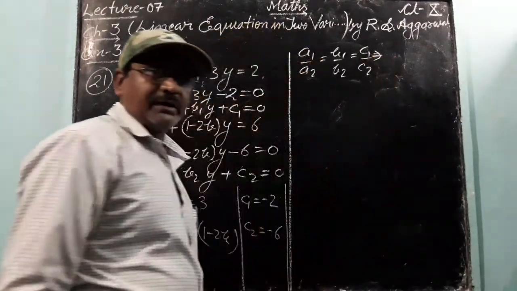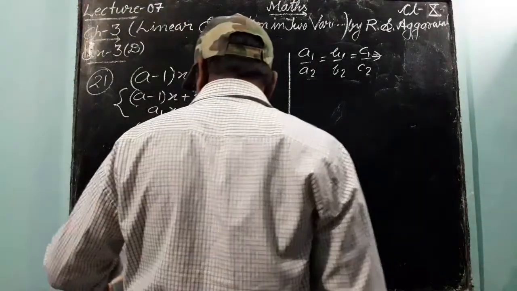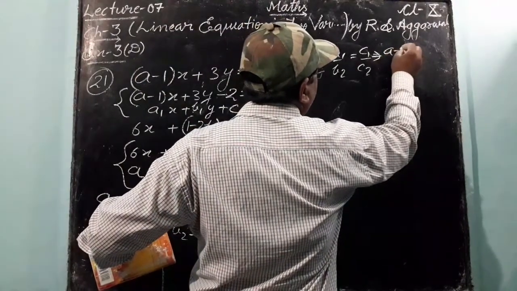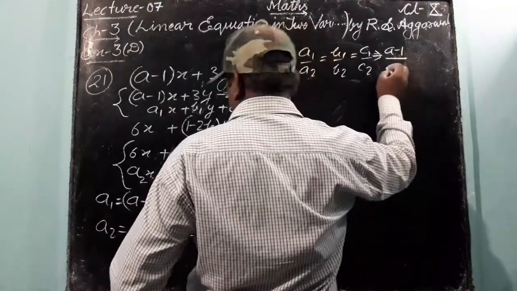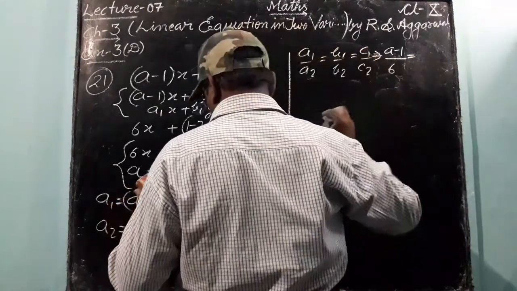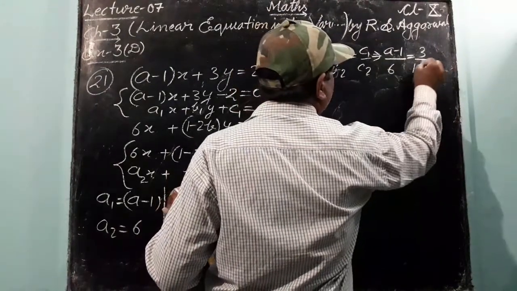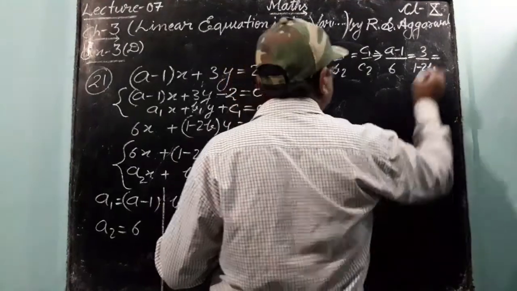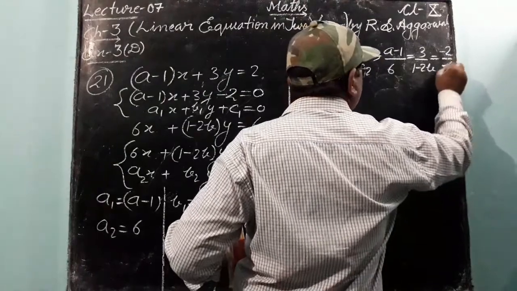In that way you will put the values and then you will get a1 value a minus 1 upon a2 value 6 is equal to b1 upon b2, 3 upon 1 minus 2b, is equal to c1 upon c2, minus 2 upon minus 6. Yes students?